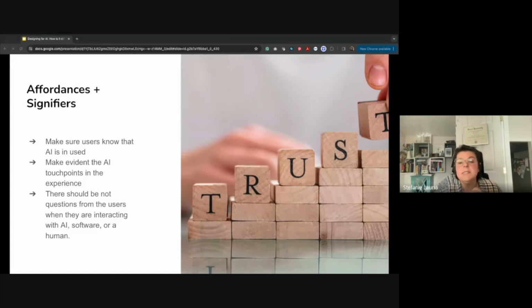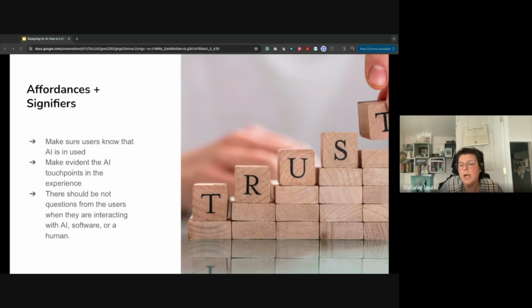The reason I say this is because when you go to ChatGPT, you know right off the bat, right, that you're going to interact with an AI. However, AI is becoming more ubiquitous and part of our daily lives. So sometimes you might be designing something that embeds AI into your experience. You have to be very cognizant of letting your users know that at a certain point of the interaction, they might be interacting with an AI.